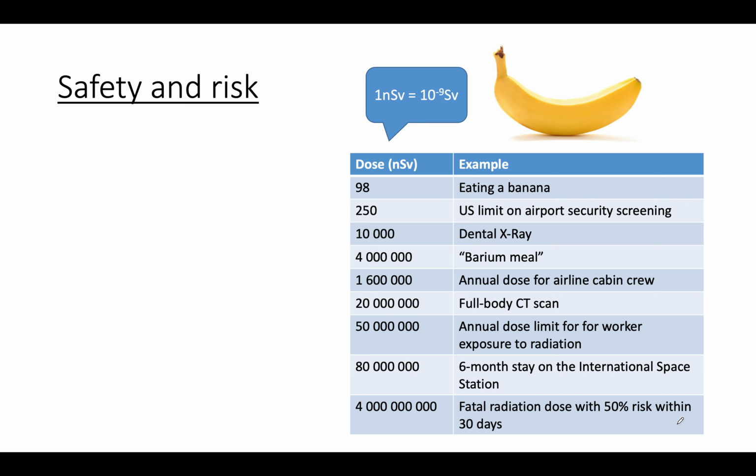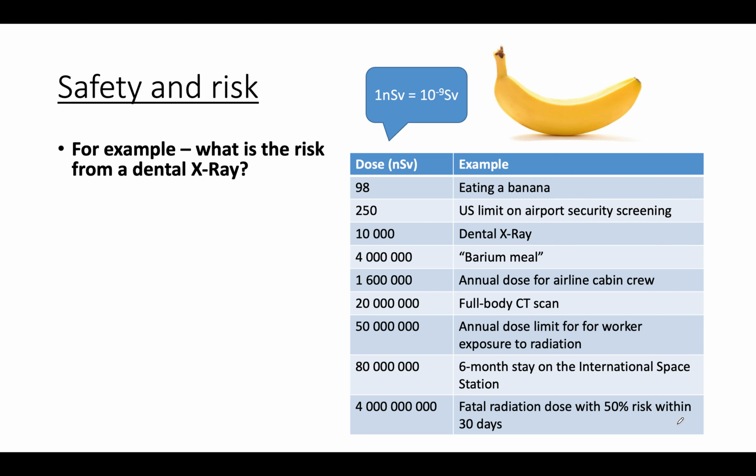In other words, within 30 days, you'd have a 50% chance of dying from that dose of radiation. So clearly we hope that no one experiences such a high dose. But other things in between obviously do cause us concerns, and we use the idea of sieverts and comparing to something else to judge whether the risk outweighs or is outweighed by the benefit.